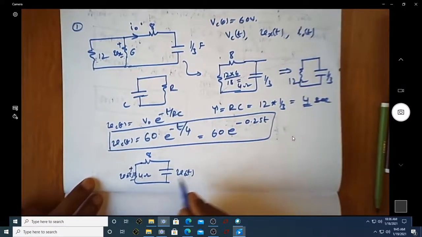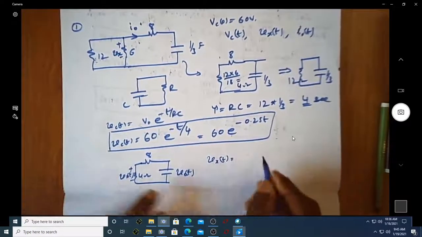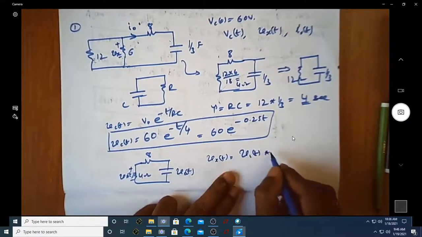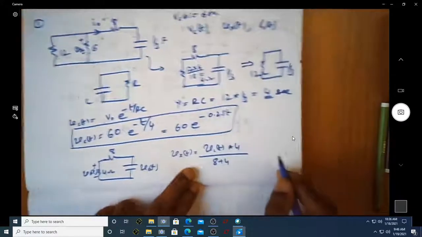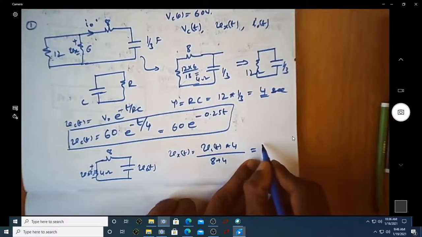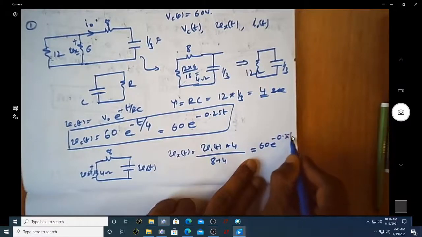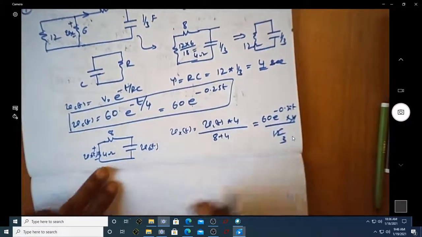From this circuit diagram, I can write Vx(t) equal to Vc(t) multiplied by 4 ohm divided by the overall resistance. This is like a potential divider. Overall resistance is 8 plus 4, which is 12. So this is 60 e^(-0.25t) into 4 divided by 12, which is 1/3.